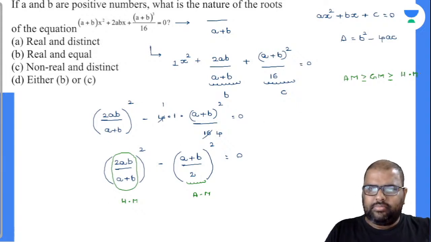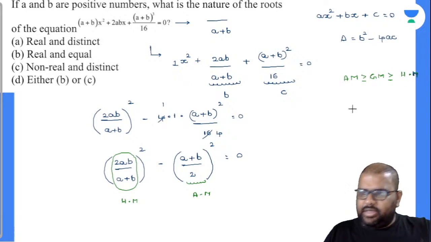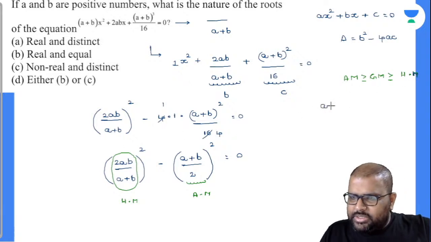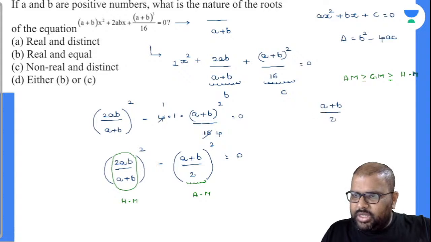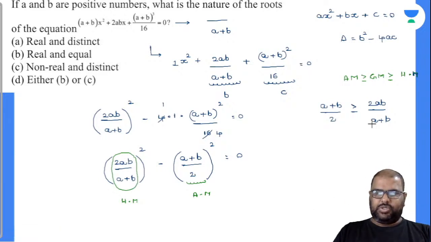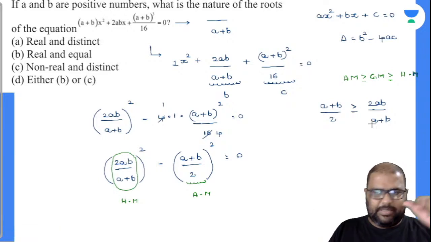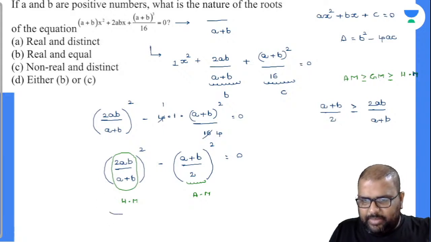So you can use this relationship. A plus b divided by 2 will always be greater than or equal to 2ab divided by a plus b. I can prove it in a normal fashion also. It might be equal, it might be greater.